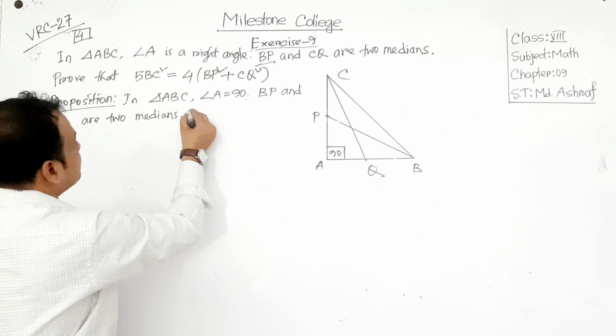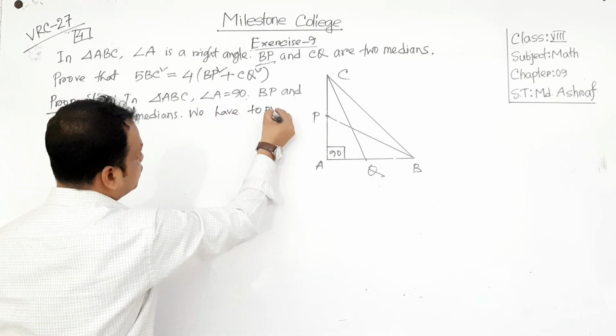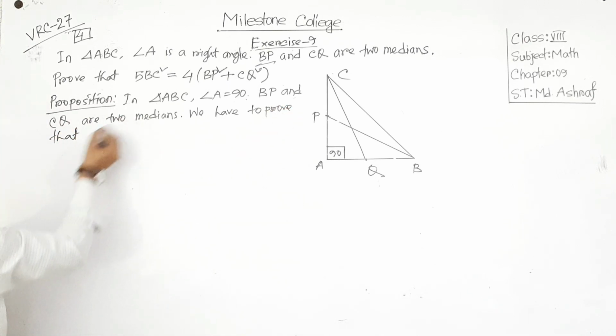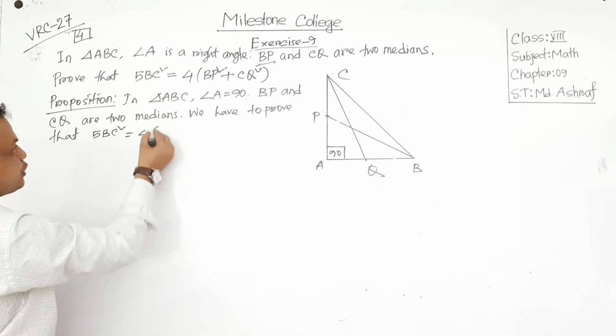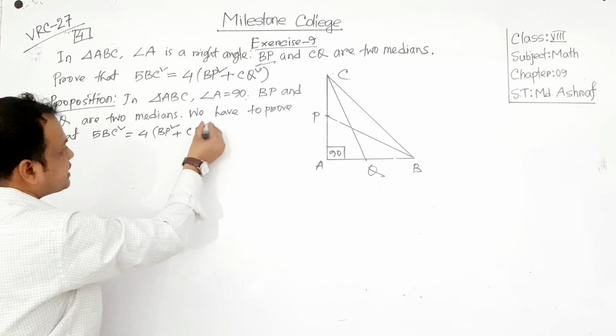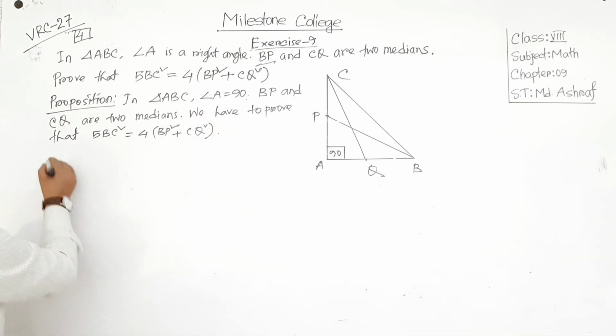We have to prove that 5BC square equals 4 into (BP square plus CQ square). Okay, this is the thing we have to prove. Now we start writing the proof.